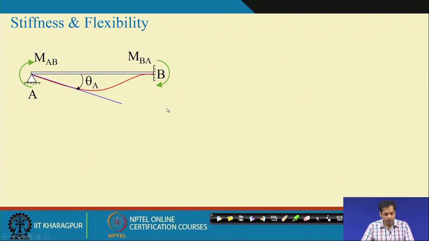Okay. Now, we already know how to solve this structure. We have learned that in structural analysis 1.